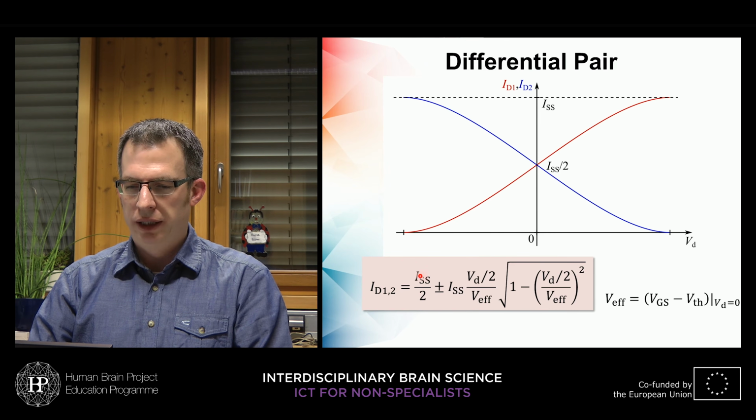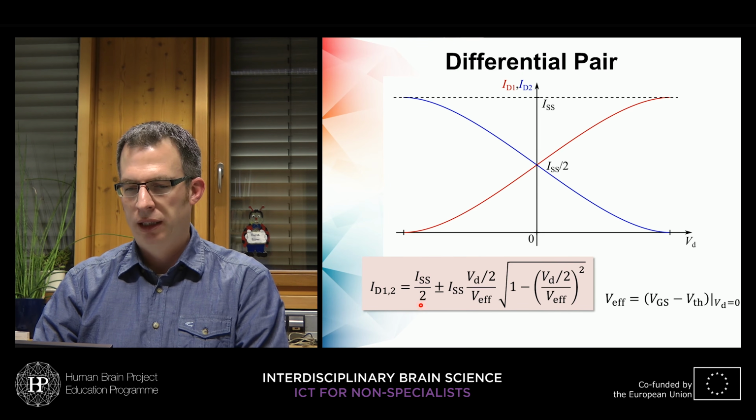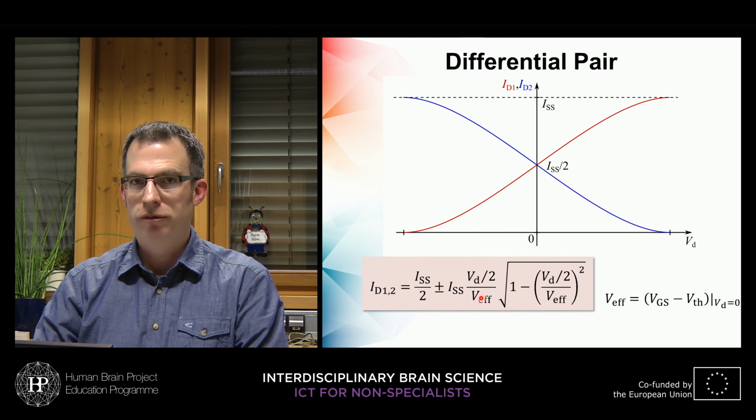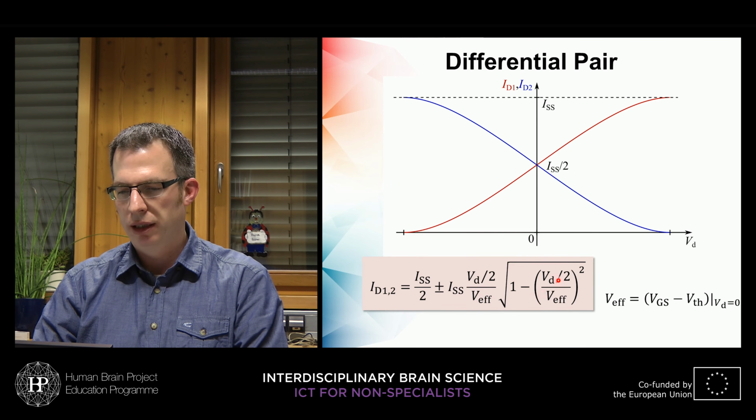So we have in the middle ISS, which is the total tail current, halved, plus or minus the product of the tail current times the input voltage difference halved over an effective voltage that I will define, times the square root of 1 minus the square of the half input differential voltage over this effective voltage.